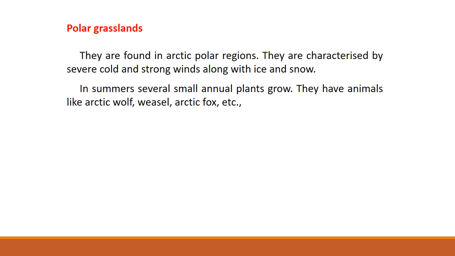The third type of grassland ecosystem is polar grassland. They are found in Arctic polar regions. They are characterized by severe cold and strong winds along with ice and snow. In summer, several small annual plants grow and they have animals like wolf, weasels, Arctic fox, etc.